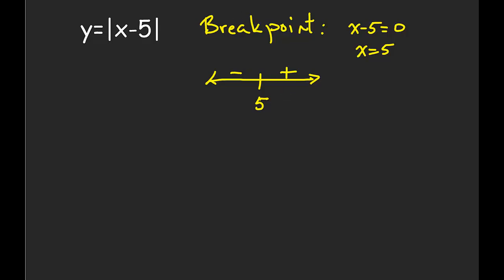So in the region x greater than or equal to 5, we are going to have a positive function, and in the region x less than 5, we're going to have a negative function. And if you're wondering why the or equal to is here and not there, it doesn't matter where you have the or equal to.